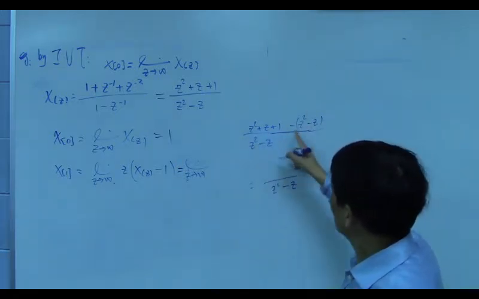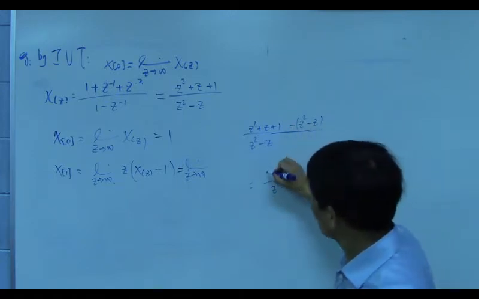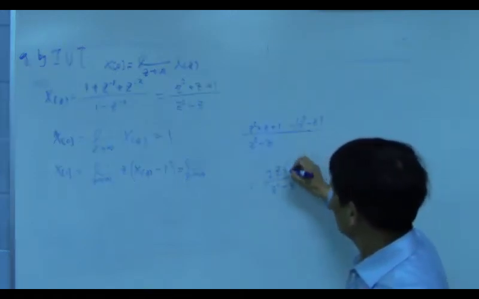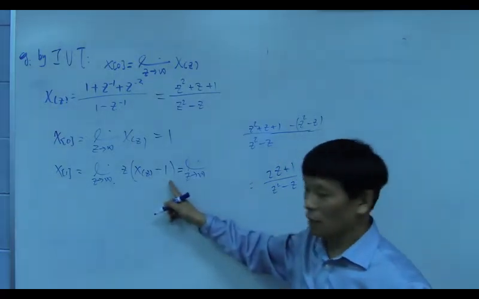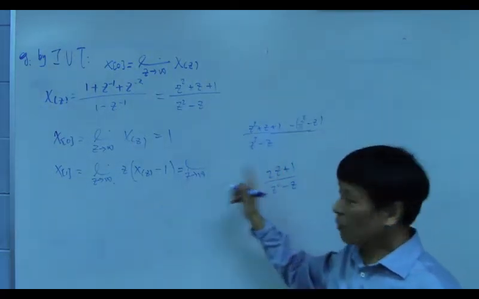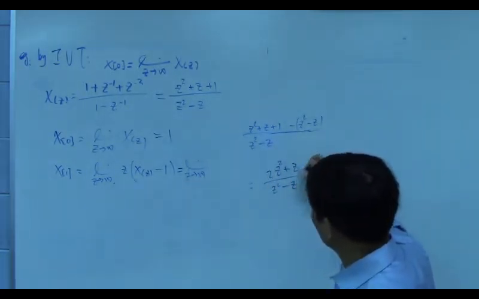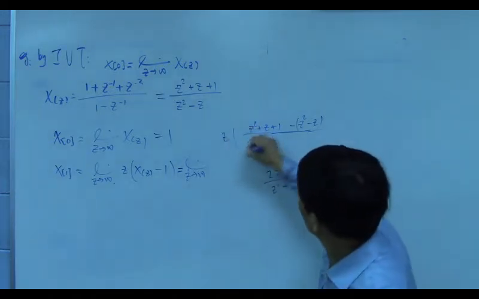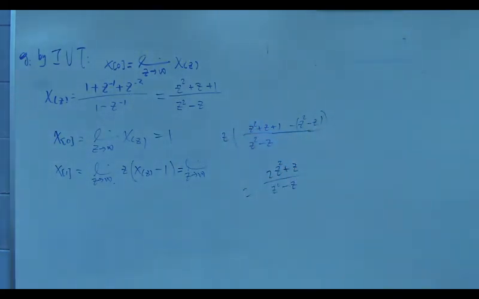This z and this z, minus minus, so that's plus, so that's 2z, and then plus 1 here. That is X(z) minus 1 equals this. Then we multiply by z again, so this one equals this. Good?